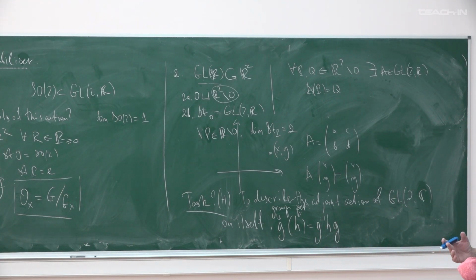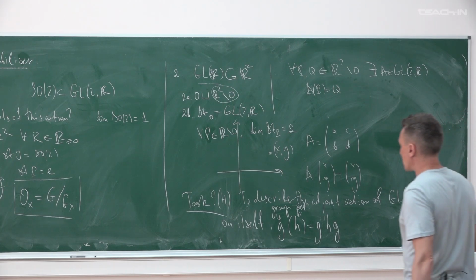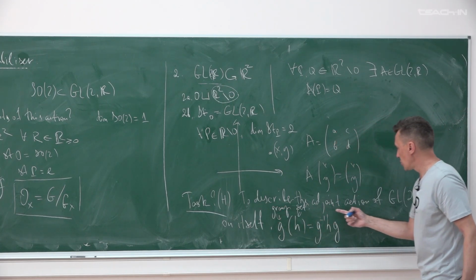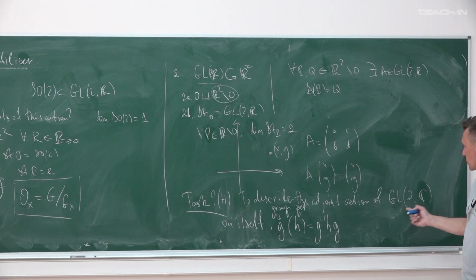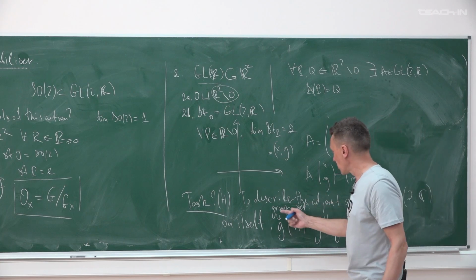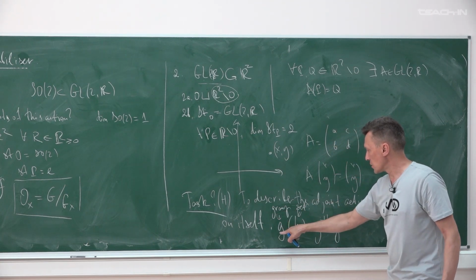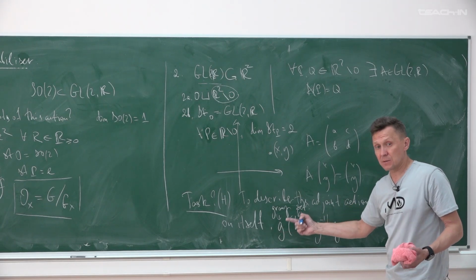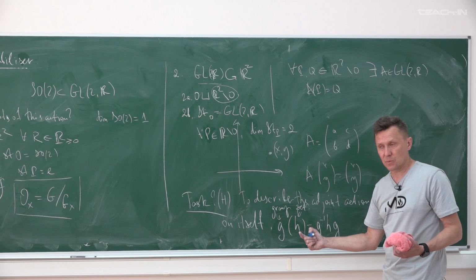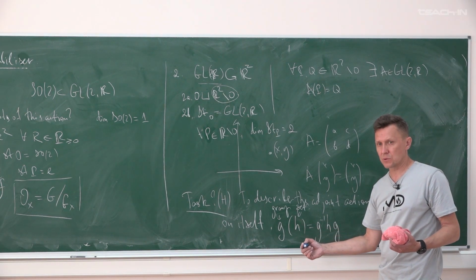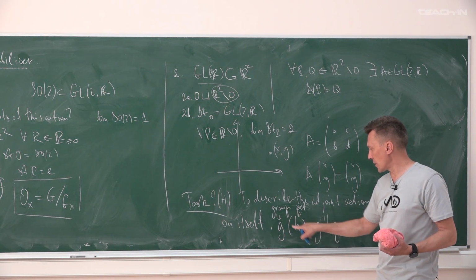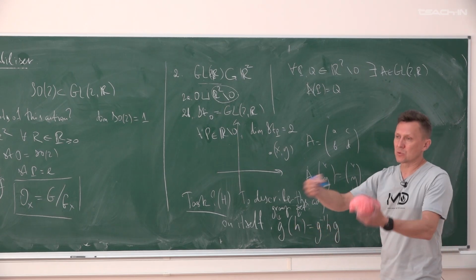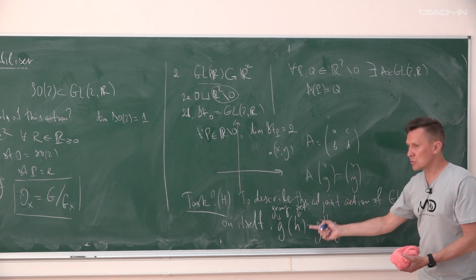The task is to describe the adjoint action of the group GL2(C) on itself. This is the element of the group, and this is the element of the set, but in this case they coincide. They play different roles. The element of the group acts on H as an element of the set, and it acts by conjugation.